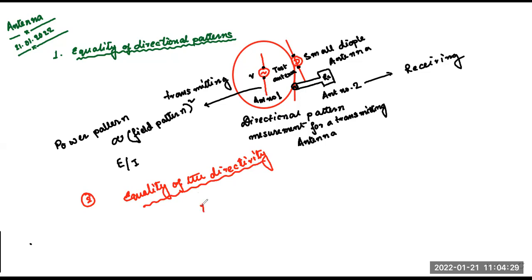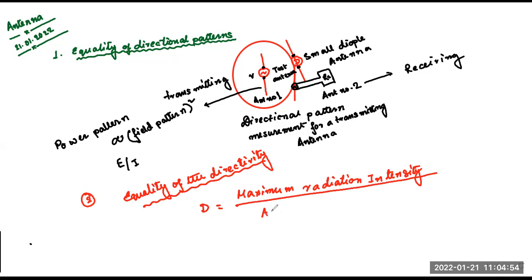So what is directivity? Directivity D is equal to maximum radiation intensity by average radiation intensity.